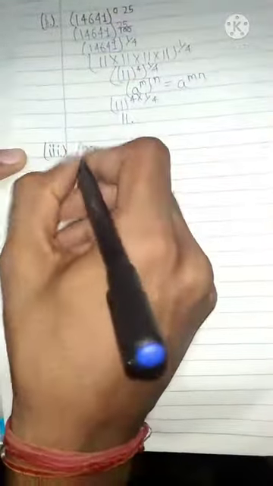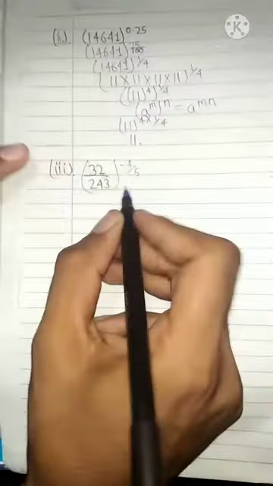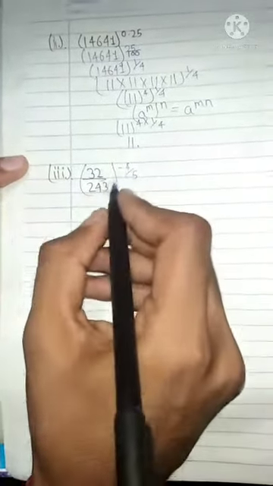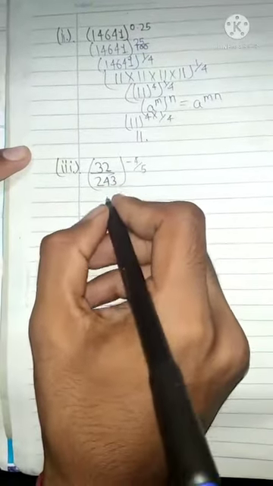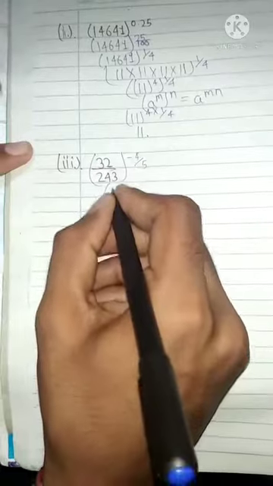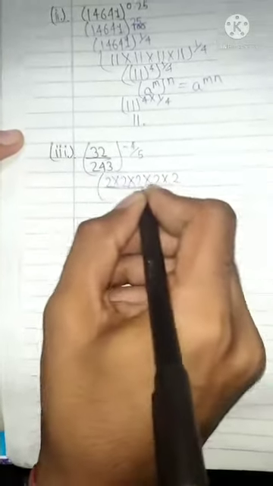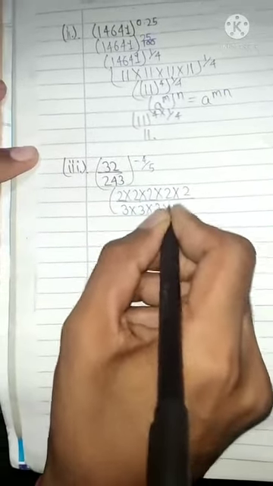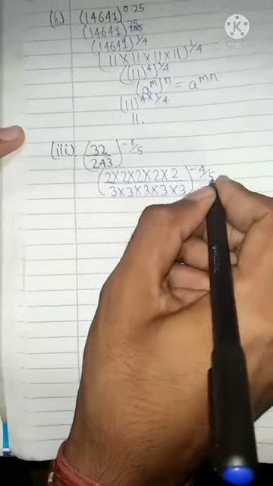Another question is (32/243)^(-4/5). First we factorize 32 and 243. When you factorize 32, it comes 2 into 2 into 2 into 2 into 2, and when you factorize 243, it comes 3 into 3 into 3 into 3 into 3, to the power minus 4 by 5.